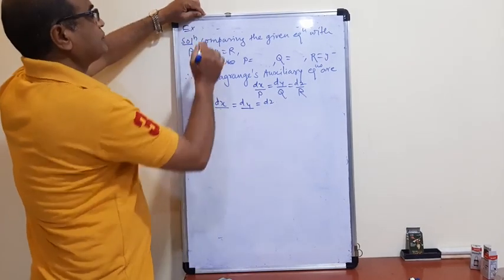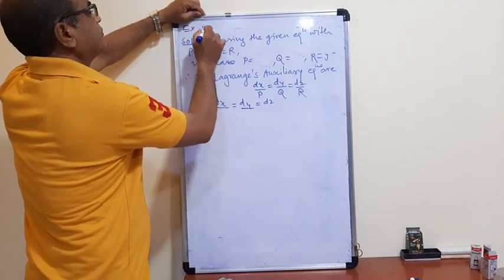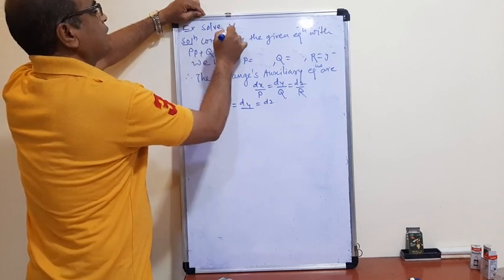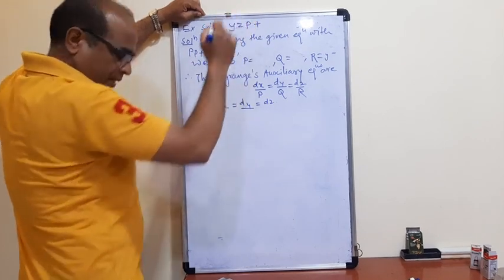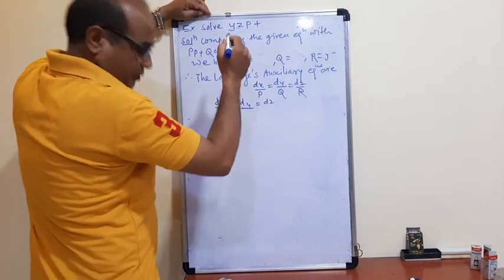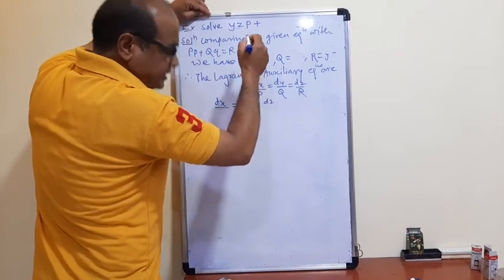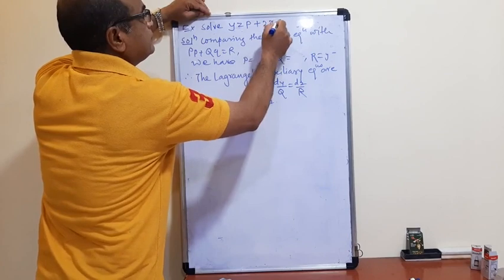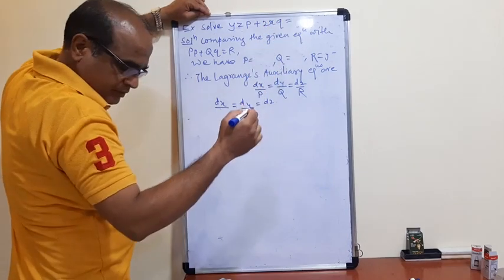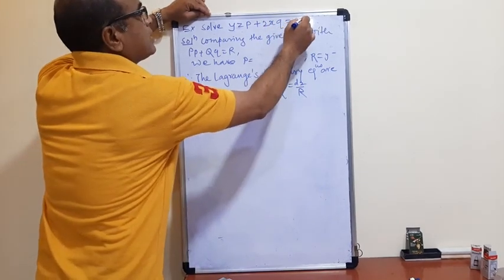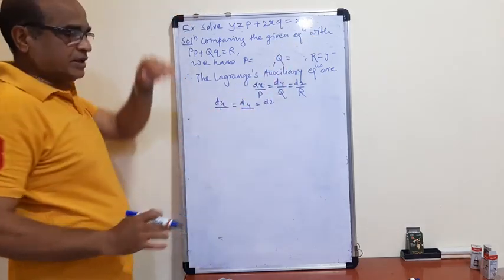Solve yzp plus 2x q is equal to xy. Solve this differential equation.